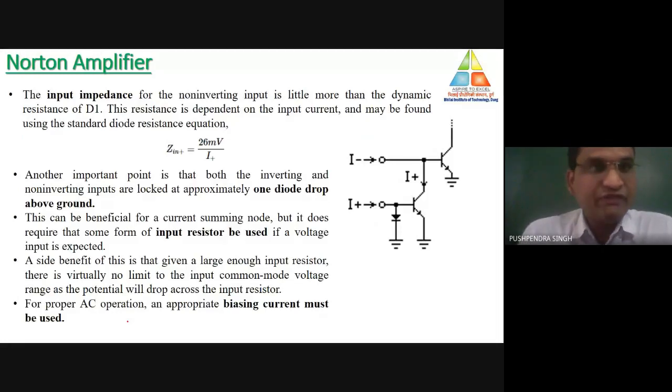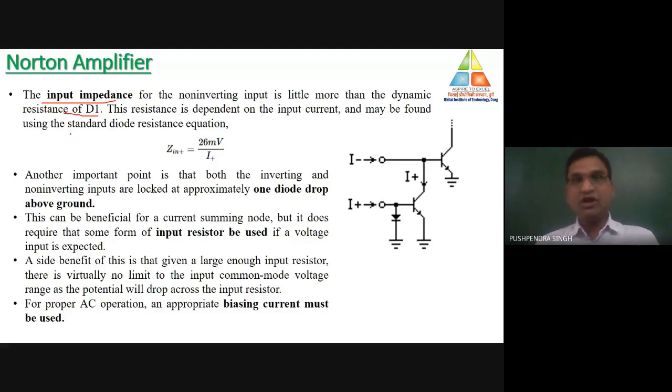Now moving further, the working of this Norton's amplifier, how this works. Then we will discuss the inverting and non-inverting terminals of the operational amplifier. The input impedance for the non-inverting input is a little more than the dynamic resistance of D1.